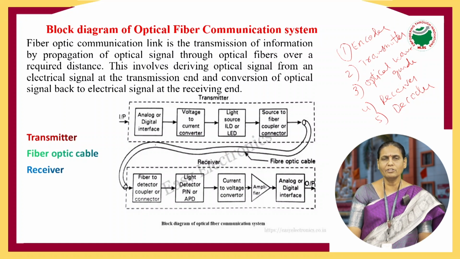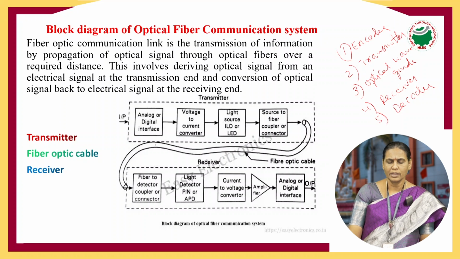Next, that signal which is coming out in the form of zeros and ones is given as an input to a transmitter. Now, this transmitter consists of three main components. First, the voltage to current converter. We have to convert voltage into current by using this component.